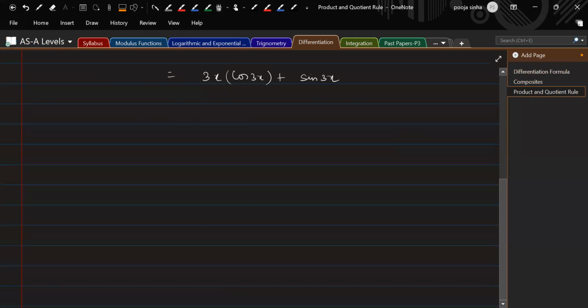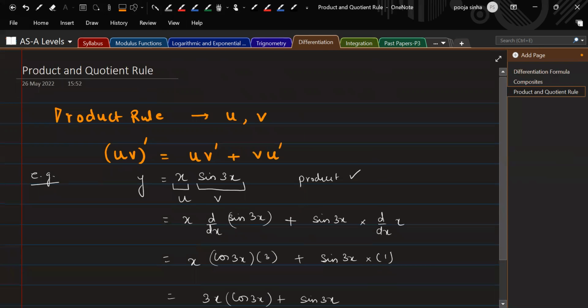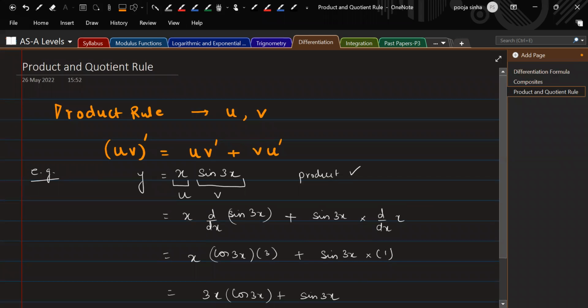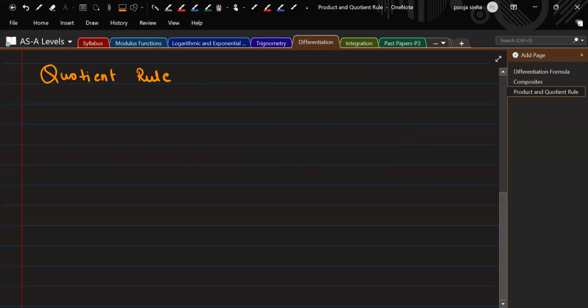साथ साथ अब मैं आपको क्वोशिएंट रूल भी बता देती हूँ. आसान है ये भी बहुत. प्रोडक्ट हमने कब लगाया था? जब दो फंक्शंस आपस में मल्टीप्लाई हो रहे थे. यहां पर हमारे दोनों फंक्शंस डिवाइड हो रहे हैं. ठीक है.